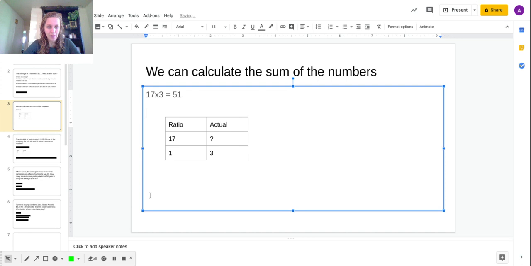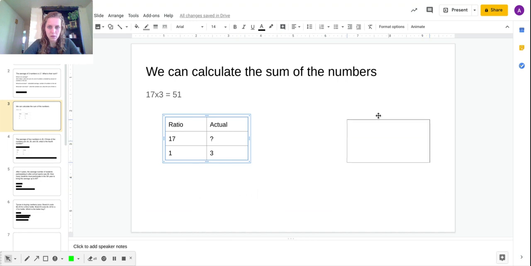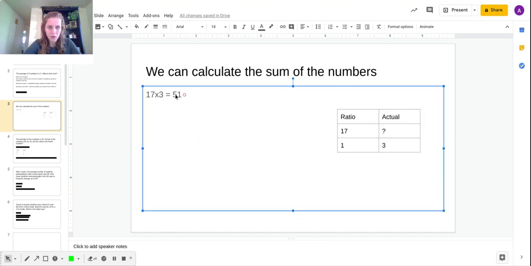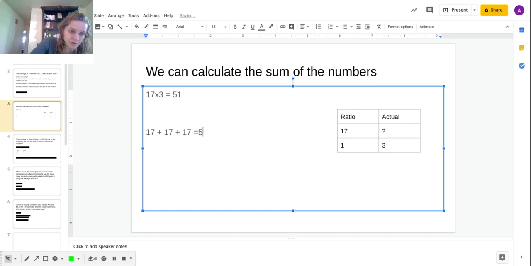So this is showing us, if we take 17 plus 17 plus 17, we're going to get 51. Because when you divide 51 by 3, we're going to get 17, right? Because multiplication is just repeated addition.